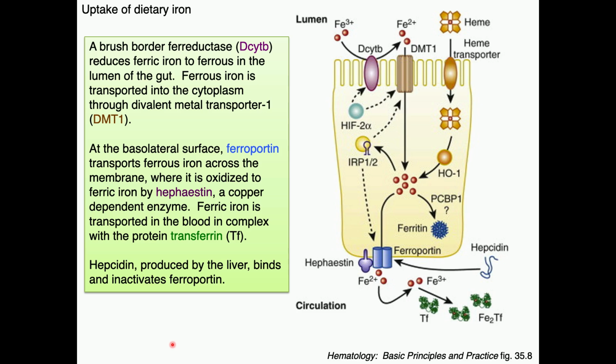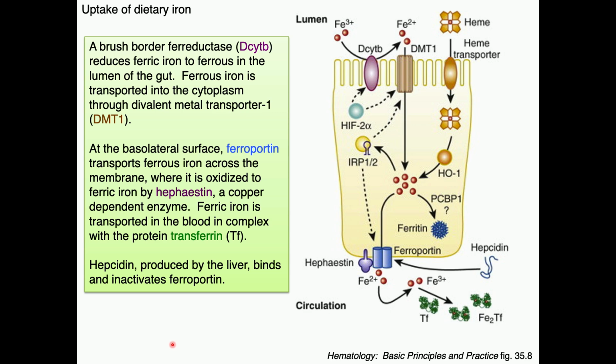And then the +3 form binds to a transporter called transferrin, and that changes the transferrin to holotransferrin. I think the nomenclature is that free transferrin would be apotransferrin, and then when it binds to 2 molecules of the +3 iron, then it's holotransferrin.